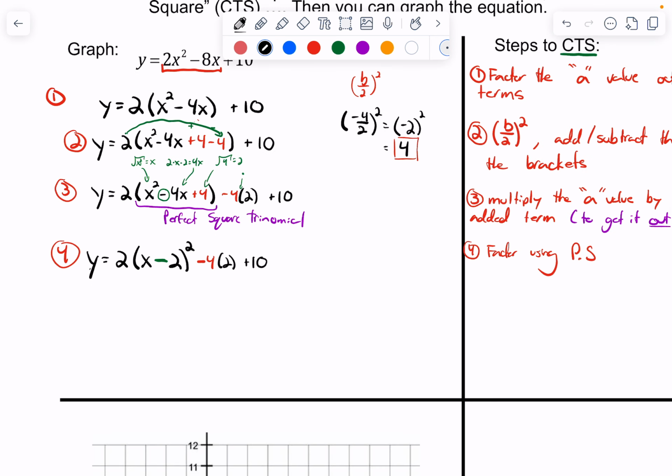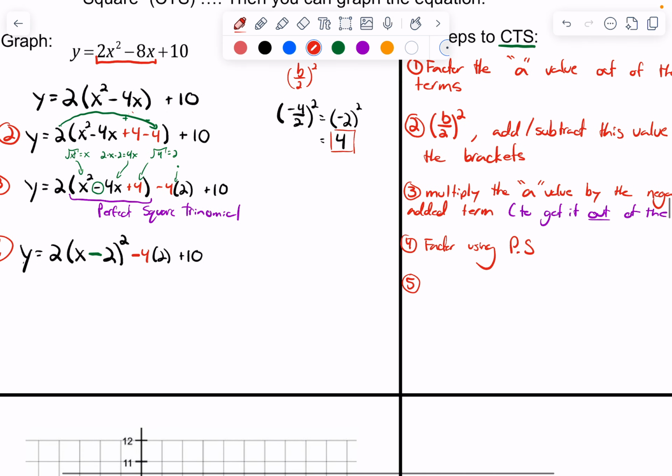So then the last step, step 5, is collect like terms on the outside. And essentially, this becomes your k value.